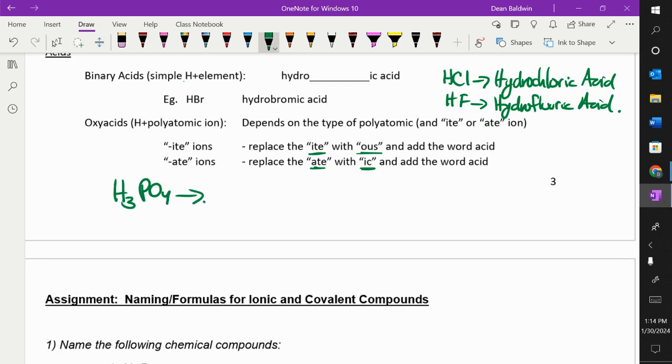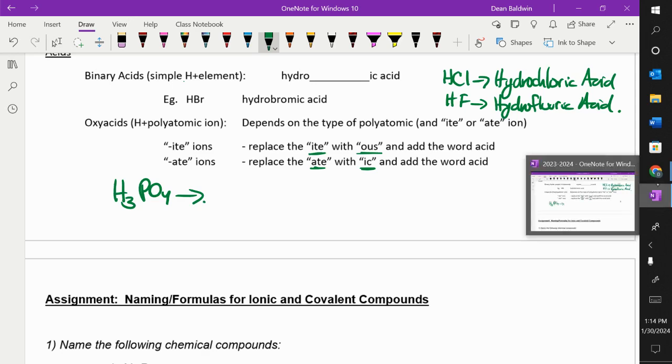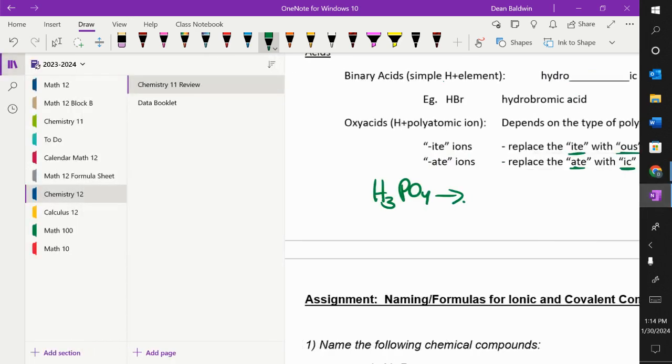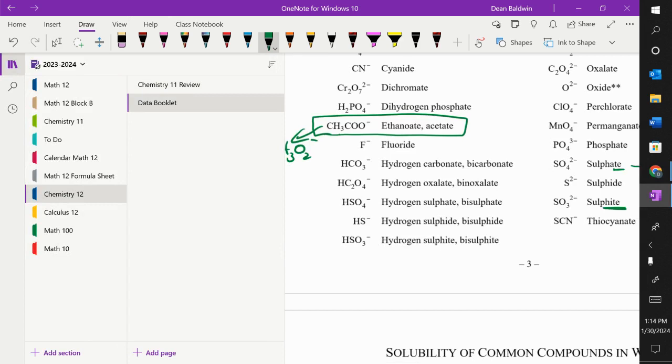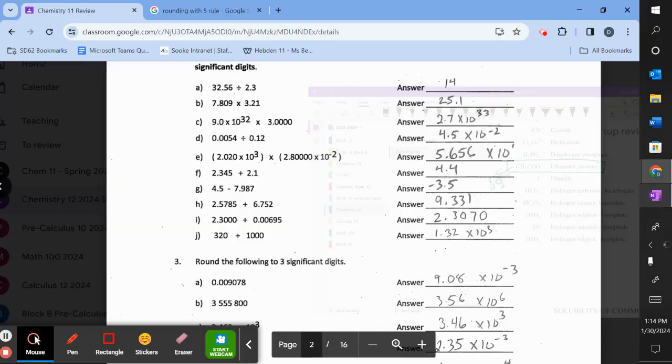H3PO4. And you don't put any hydro. PO4, so find it on your table, is right there. It's phosphate. You change the "ate" to ic, so it's phosphoric acid.